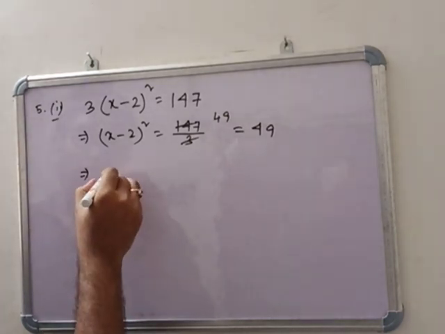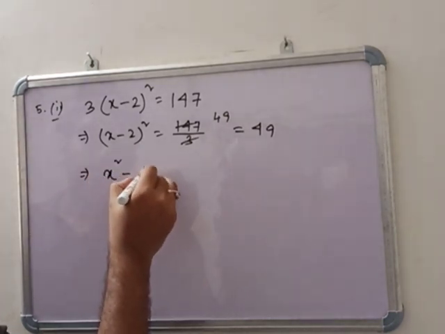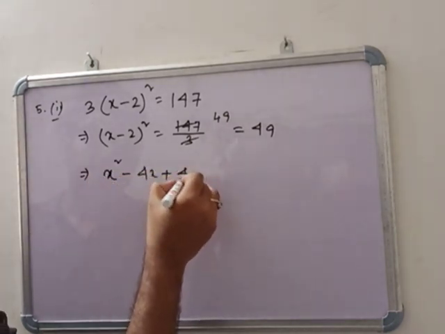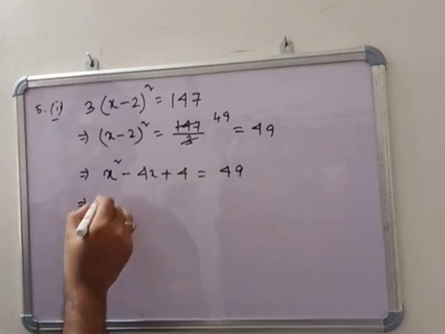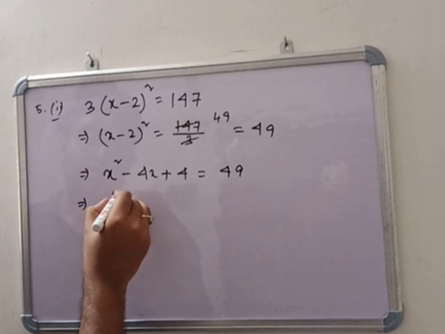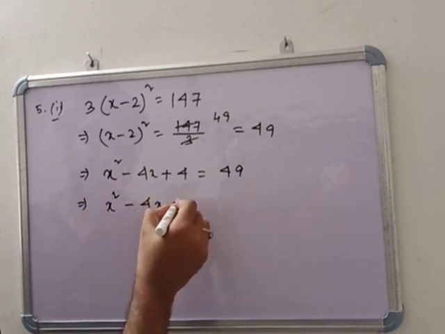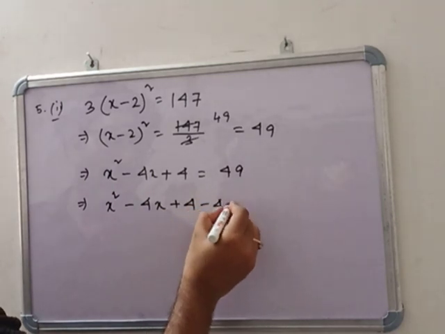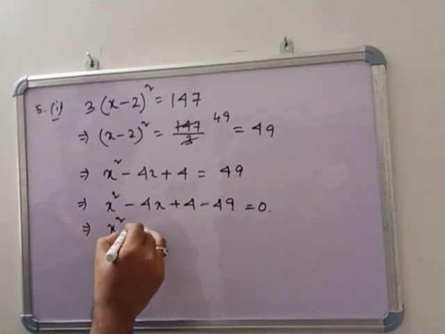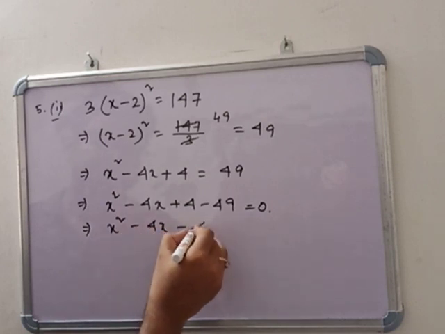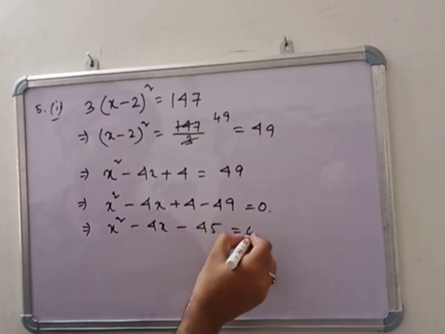So x square minus 4x plus 4 equals 49. So x square minus 4x plus 4 minus 49 equals 0. That means x square minus 4x minus 45 equals 0.